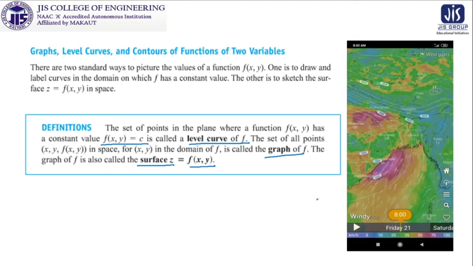Now look at this. We have taken this particular screenshot for the 21st August 2020, this Friday, where it is projected in which particular region there will be rainfall, because there is a prediction of heavy rainfall due to the monsoon.